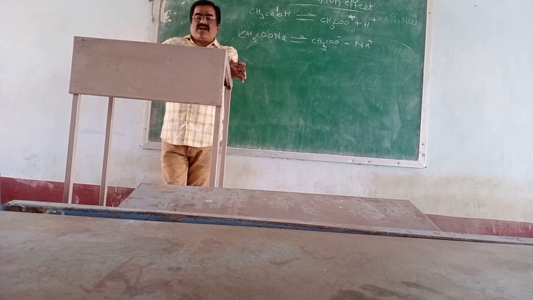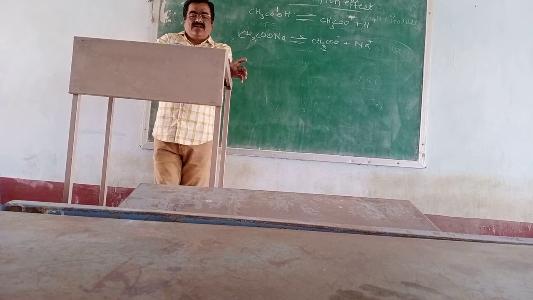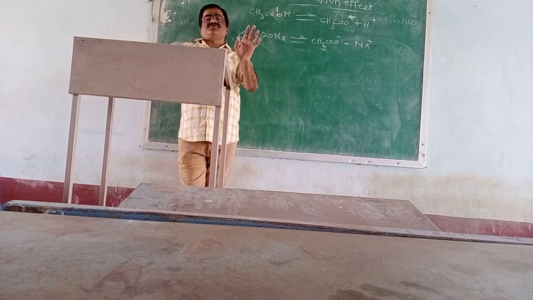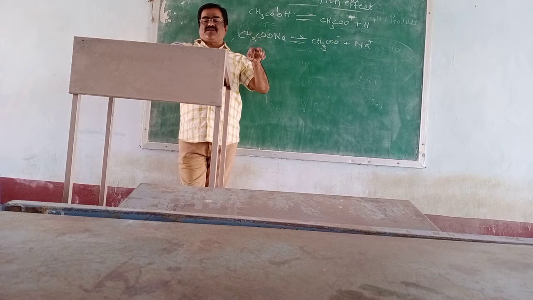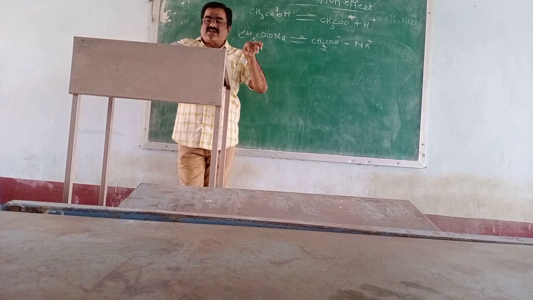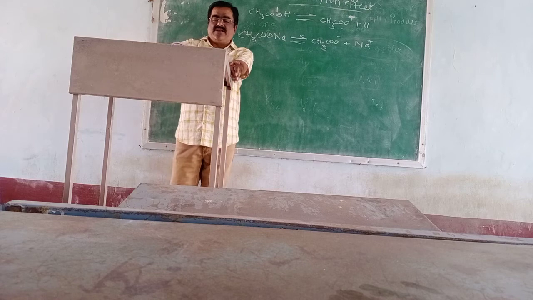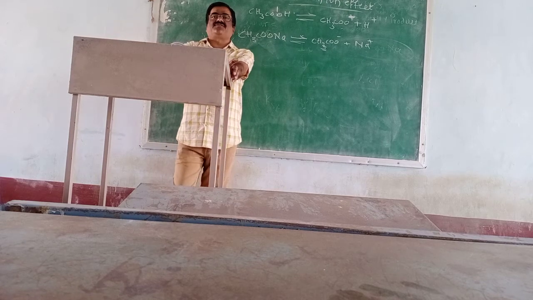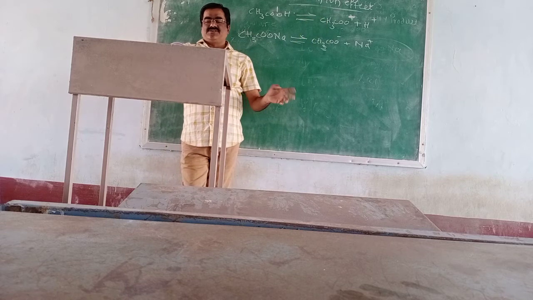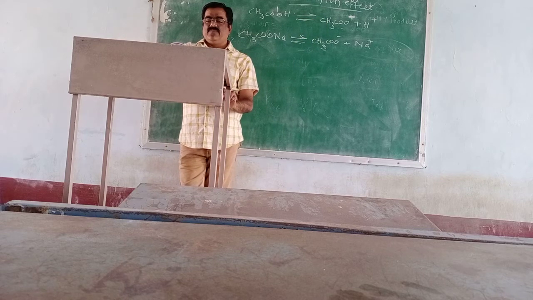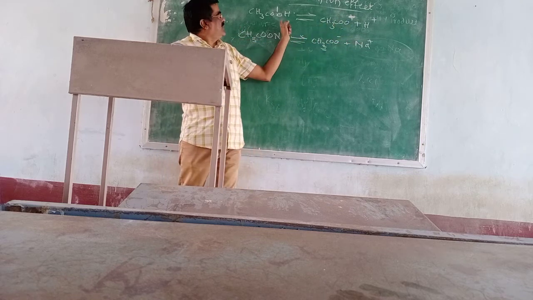Both the acid and the salt produce CH3COO minus ions in the solution, and therefore it provides a high concentration of CH3COO minus ions. According to Le Chatelier's principle, the addition of CH3COO minus ions shifts the equilibrium of dissociation of CH3COOH to the left hand side, and thus the reverse reaction will be favored, in which CH3COOH, the acetic acid, will be formed.